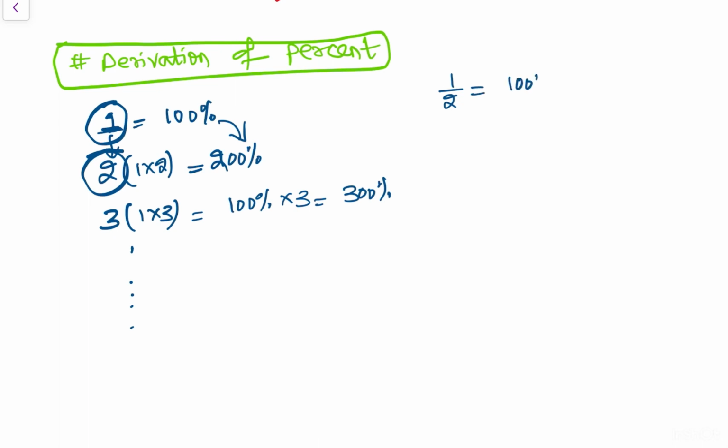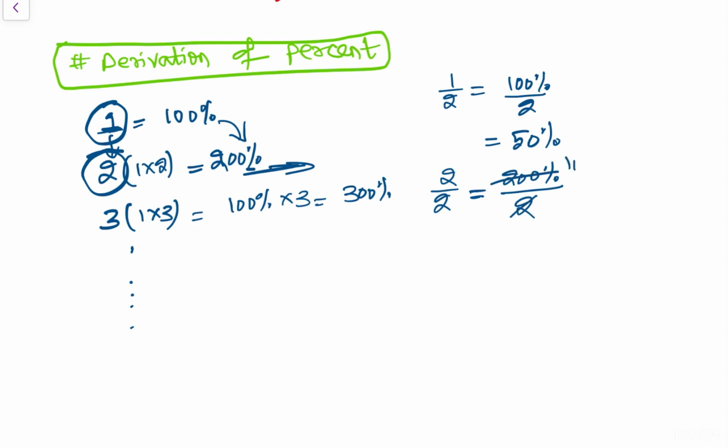That is 100% by 2, that is 50%, right? ठीक है. Similarly 2 by 2 कितना होगा? One way is 2 is 200% by 2, that is 100%. Again, 2 by 2 can be written as 1 by 1, so that is 1, so 1 is equal to 100%.